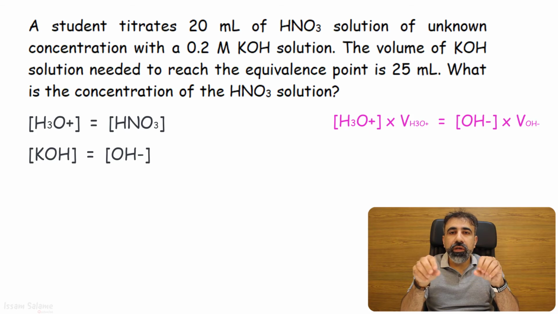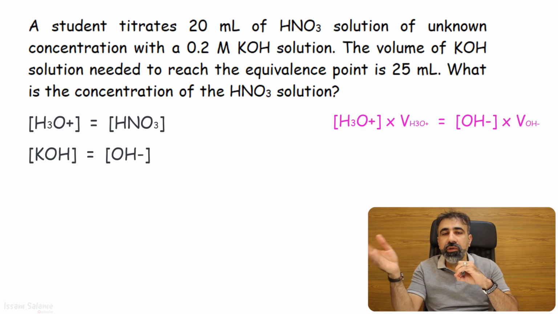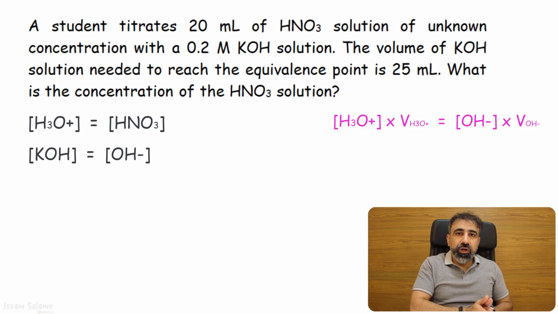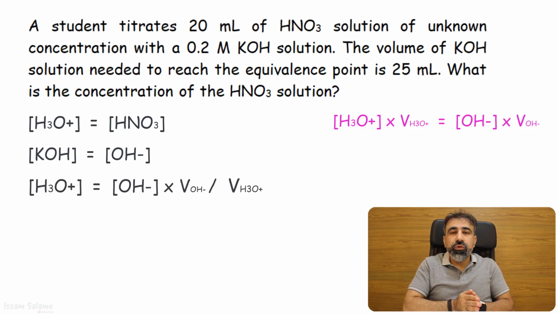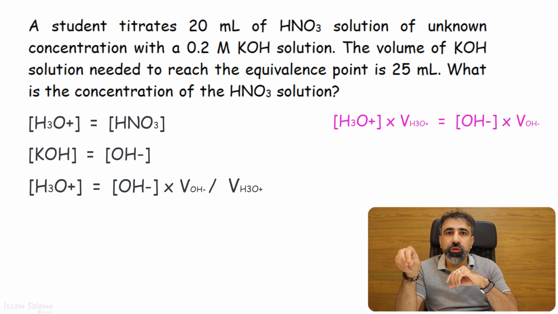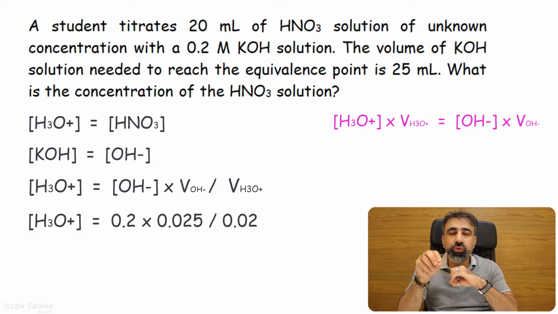Then we replace the variables by their values. Concentration of hydronium is equal to concentration of hydroxide multiplied by volume of hydroxide divided by volume of hydronium. So here we multiply 0.2 by 0.025 divided by 0.02.